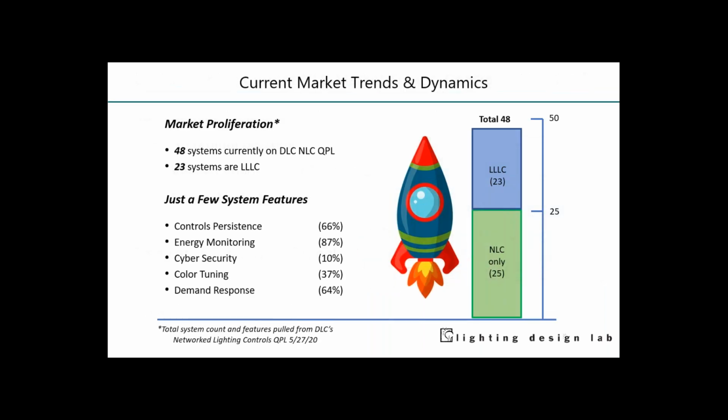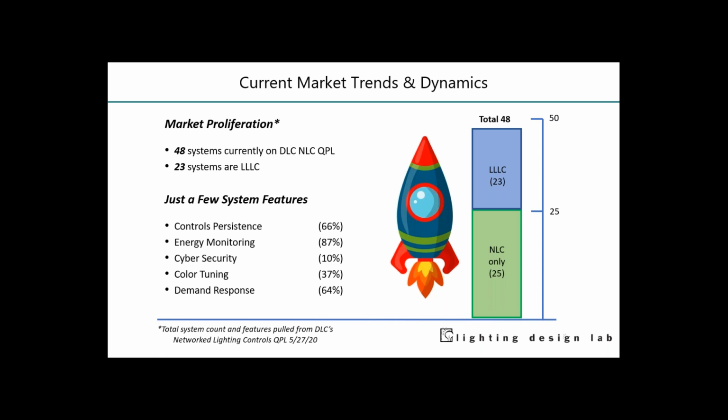I'm going to shift to talk about some of the market trends and dynamics that we're seeing out there on the market. I talked about the proliferation of features. And so I've pulled these numbers just as of this week from the DesignLights Consortium's Networked Lighting Controls Qualified Products List. They have 48 systems currently listed. So these systems are widely available on the market.